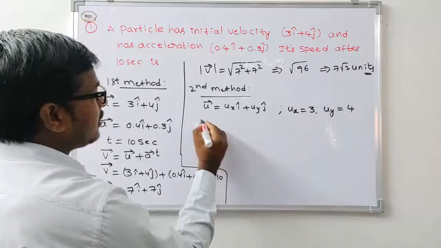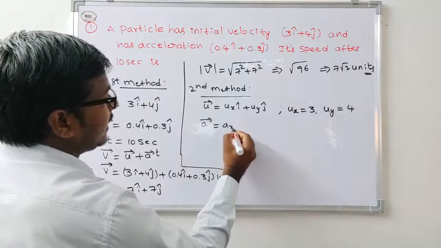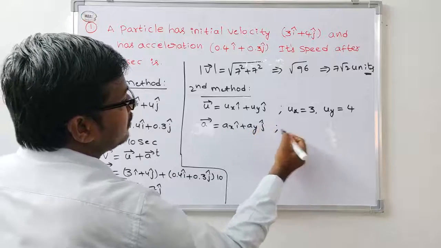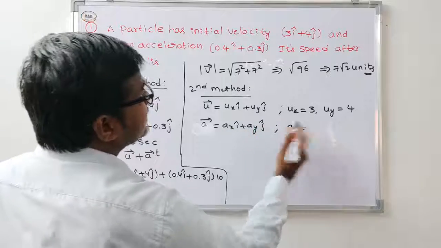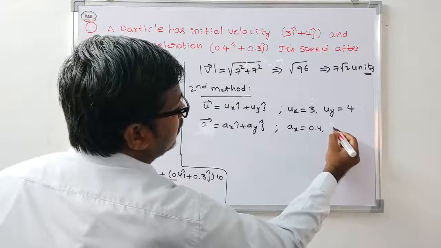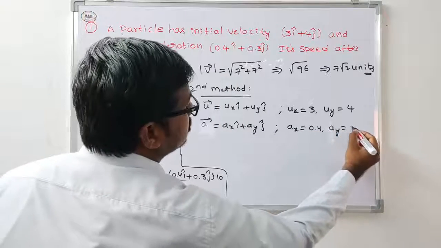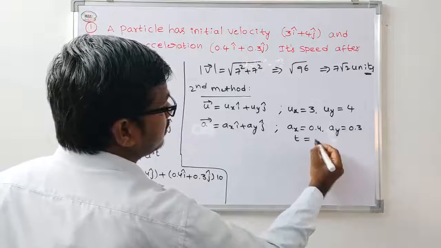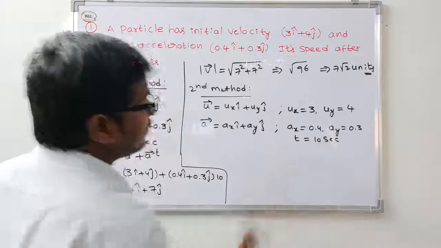Next, a bar is equal to ax i cap plus ay j cap, where ax is equal to 0.4 and ay is equal to 0.3. The time taken t is equal to 10 seconds.